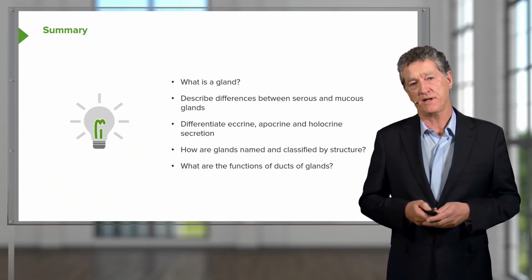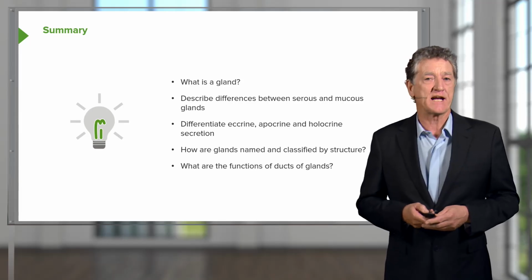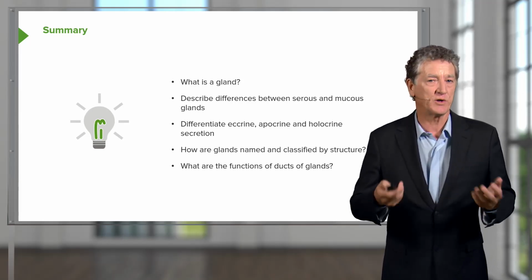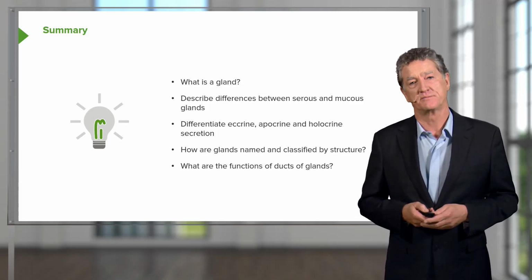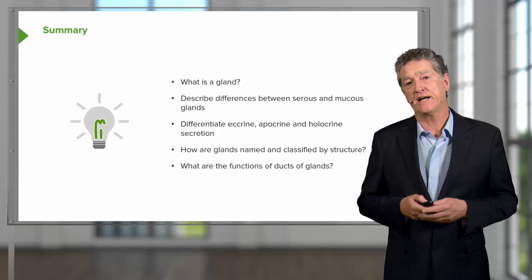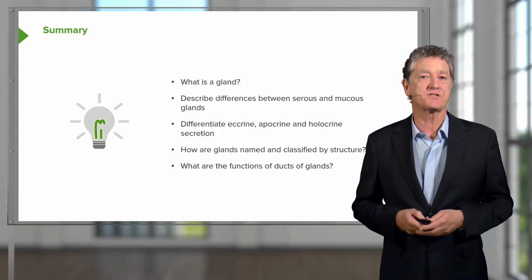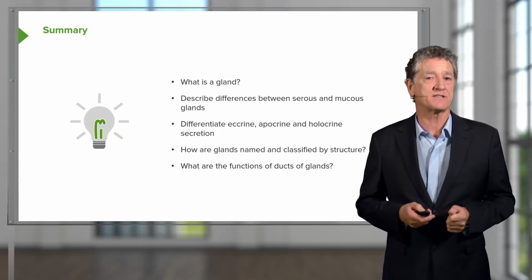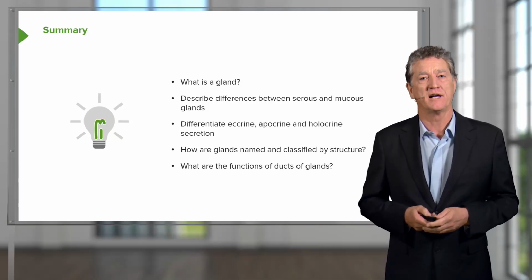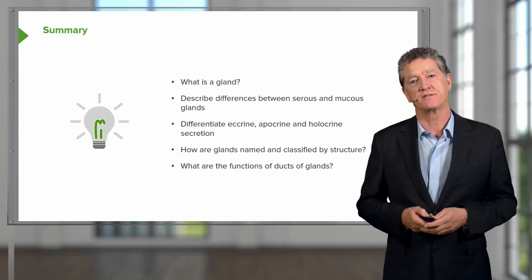Well, in summary then, make sure you understand what a gland is. It's a secretory unit derived from epithelial cells. Make sure you're aware and can identify the difference between serous and mucus secreting acini, or little clusters of secretory cells, and mucus and serous secreting glands.